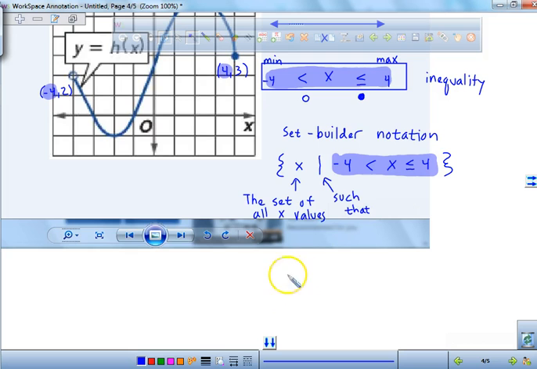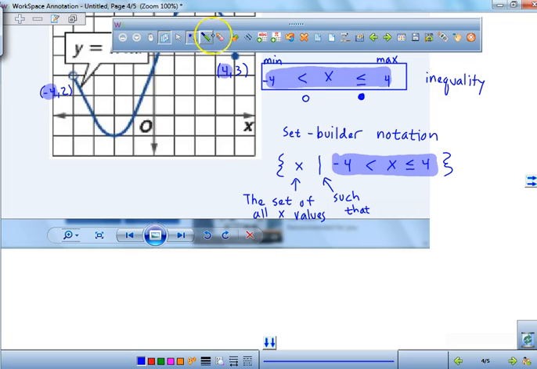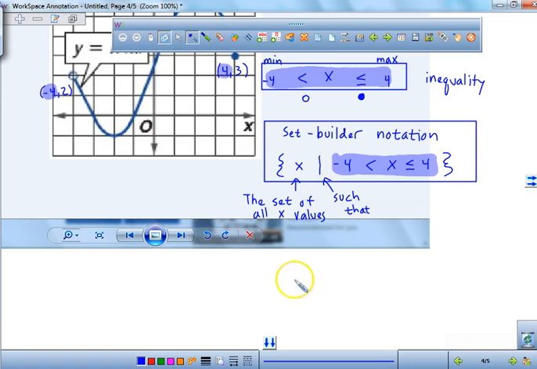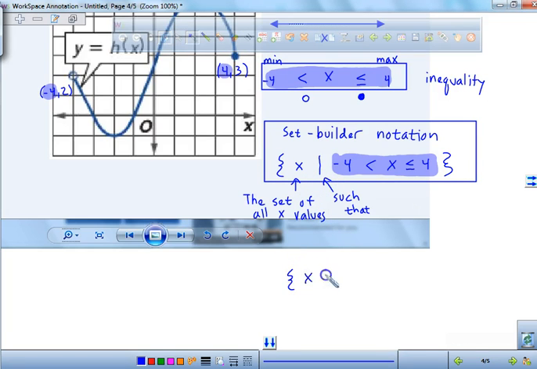By the way, you're done with set builder notation, so I'm going to put a little box around it. That is set builder notation. Sometimes, instead of the vertical line, they use a colon. Not very often, but sometimes you'll see this: the set of all x values such that x is less than or equal to 4, but greater than negative 4.